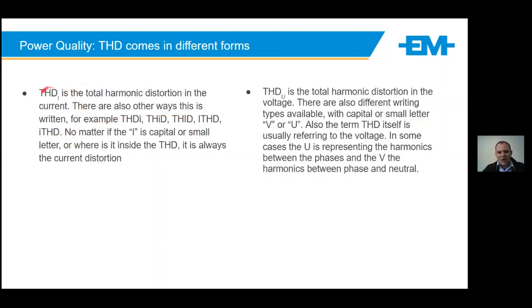But no matter what, that THD with the I always stands for the current distortion. Then we have THDU, which is the voltage distortion, and that would be displayed as a U or a V, depending on the product being used.